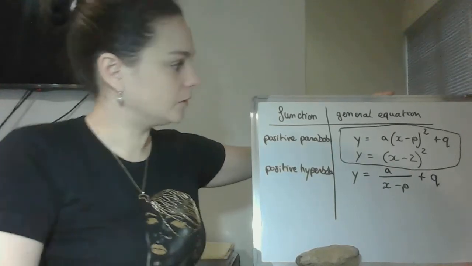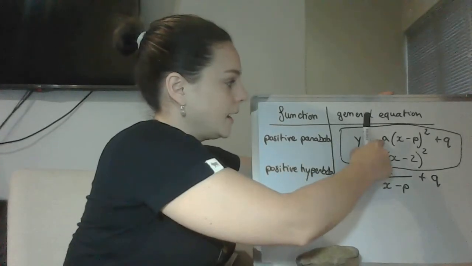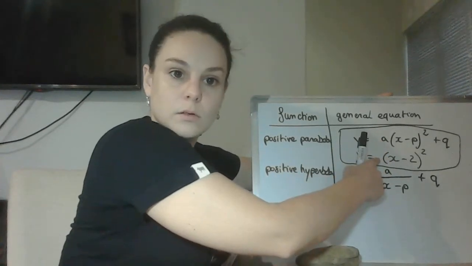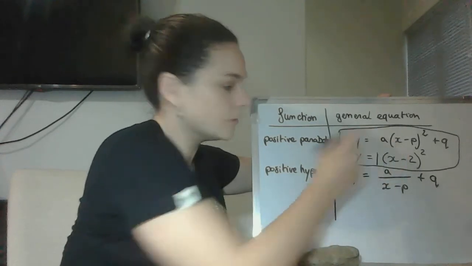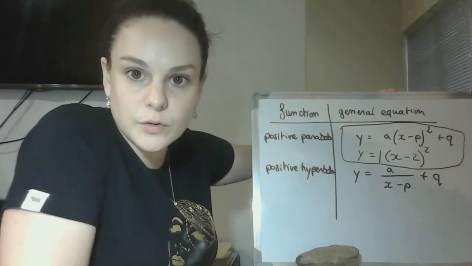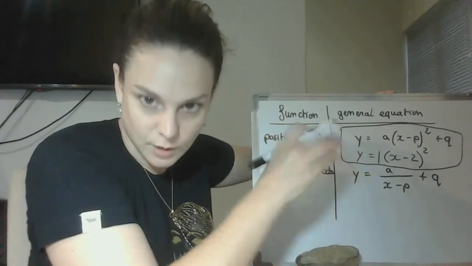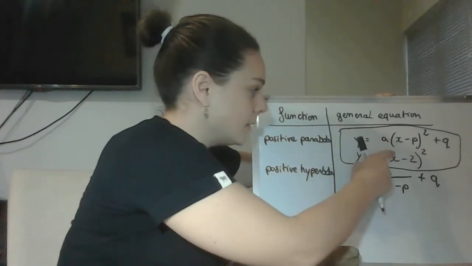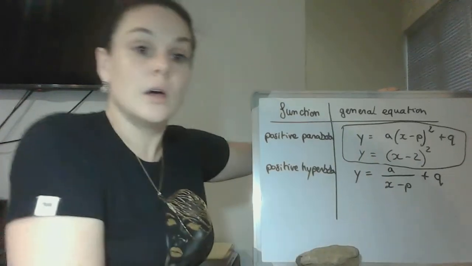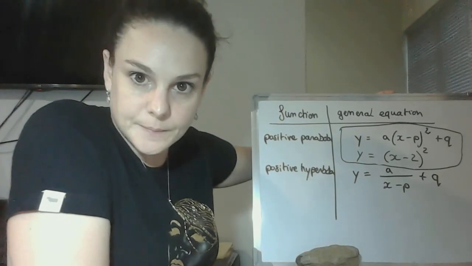Alright, so here we see that the a is a 1. Remember, if there is nothing before a number, it's because it's a 1, not a 0. A 0 would make the equation 0. So the a is 1, a positive number. We don't need to write it.